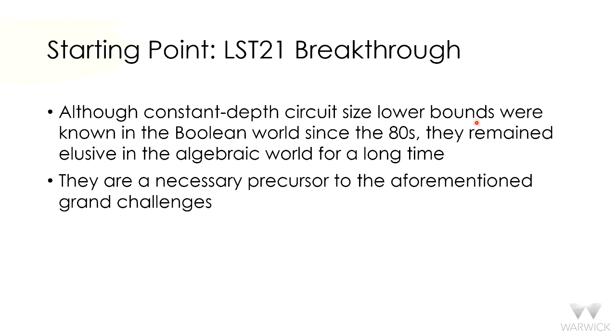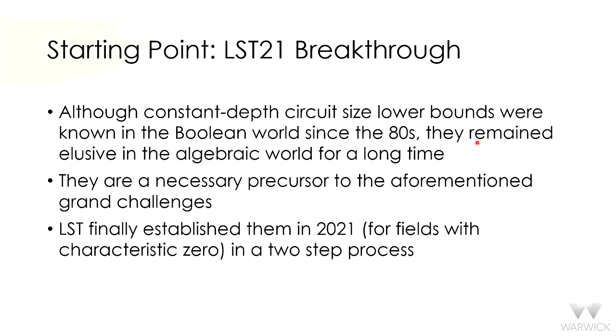And obviously, if you want to solve the grand challenges in algebraic complexity that I mentioned earlier in the talk, you have to be able to show strong lower bounds against constant depth, right? So they're a necessary precursor to the grand challenges. And only a couple of years ago, they were shown for fields with characteristic 0 in a two-step process. This is the work of Limaye, Srinivasan and Tavenas, who's here.